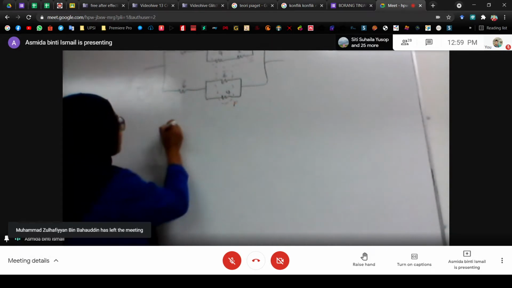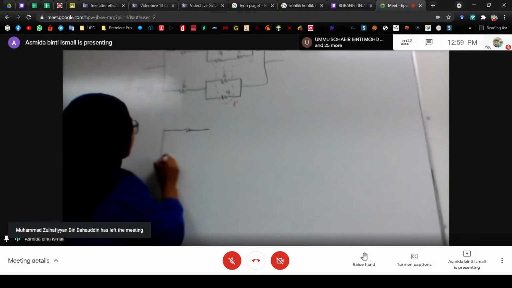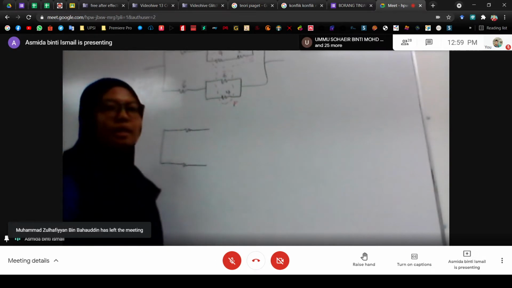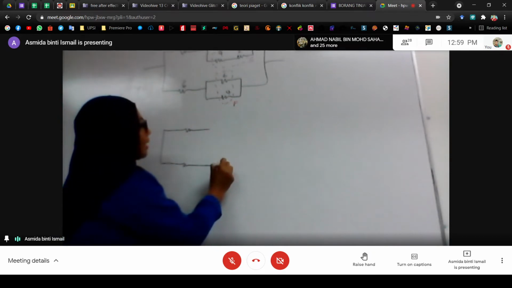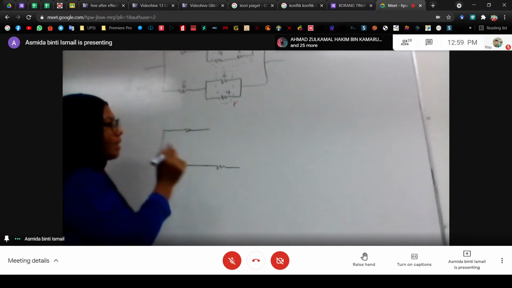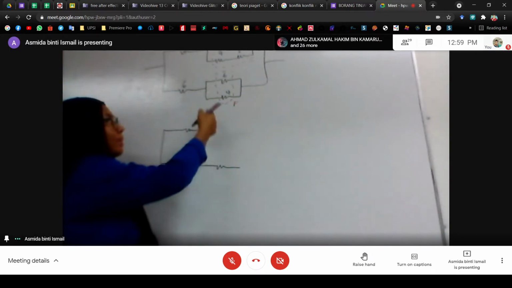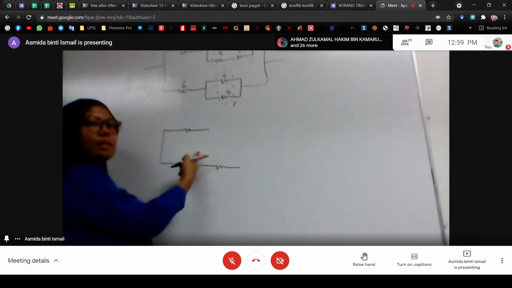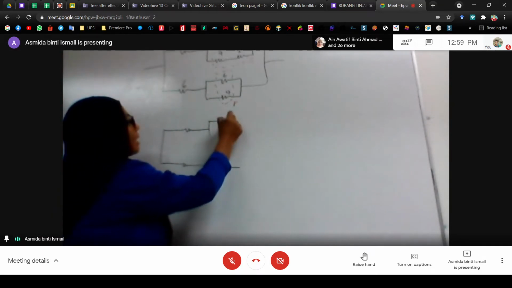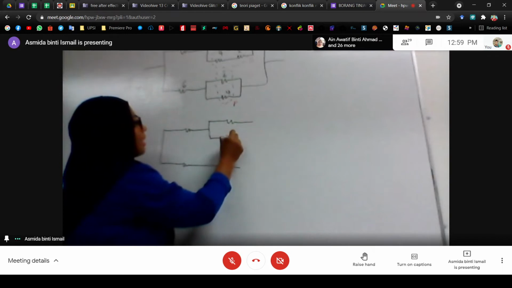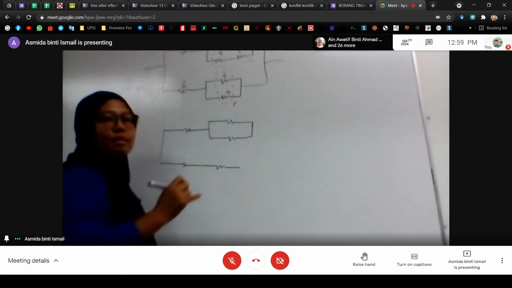Jangan malas sangat lukis balik awak punya data. Okay? Kadang-kadang you can get the mark if you simplify this to this. Tiba awak kira awak punya calculation tiba salah aja, tapi saya nampak you punya effort.